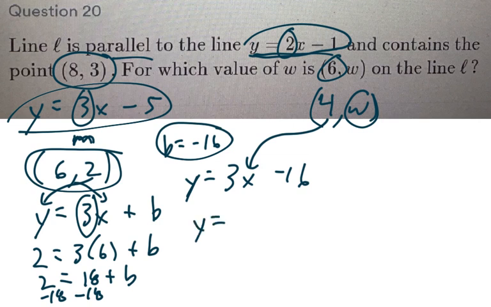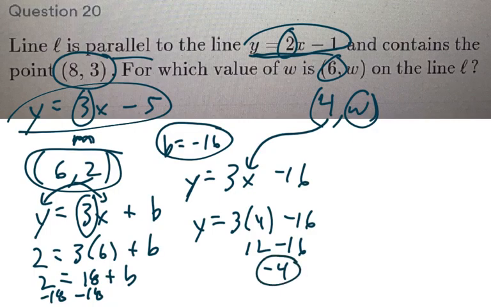So y will be 3 times 4 minus 16. 12 minus 16 is negative 4. So that's my answer. Y has to be negative 4, or in this case, my answer will be, the point will have to be 4, negative 4 in my made-up problem.